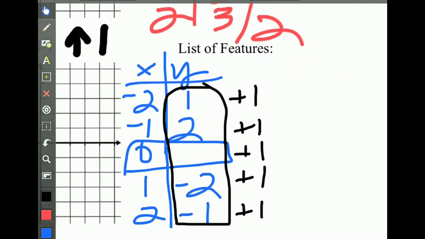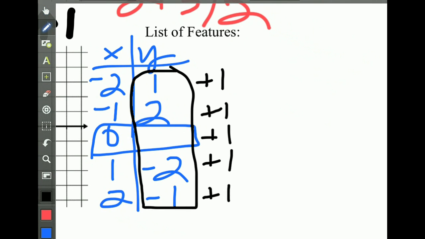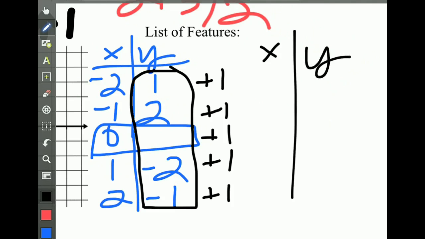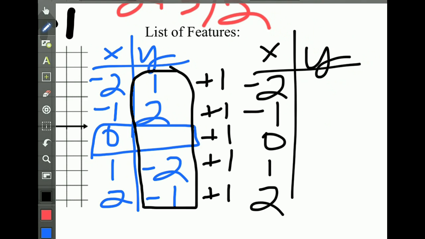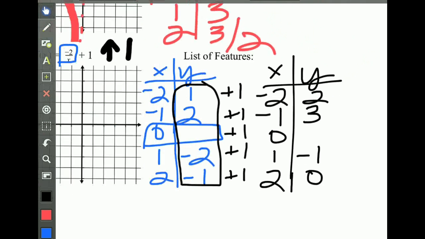So my final table of values is going to look something like this. My x values aren't going to change. They're just going to sit right where they are. But all of my y values are going to increase by 1. So the black table of values is what we need to graph.